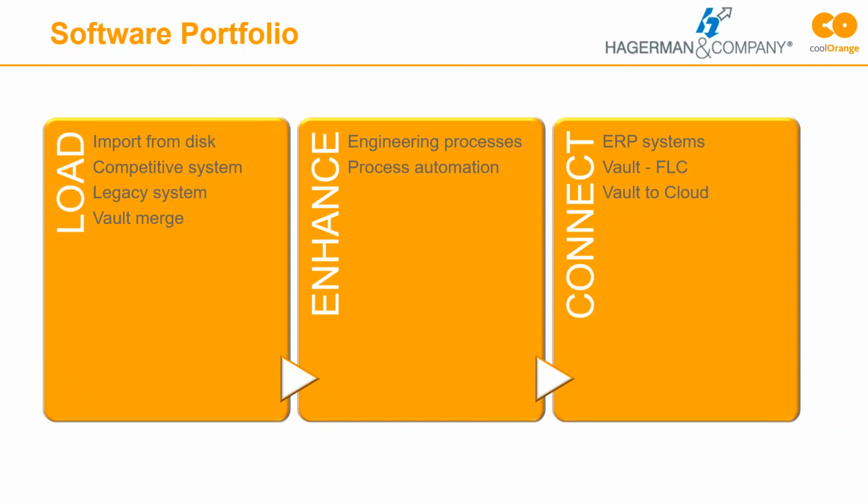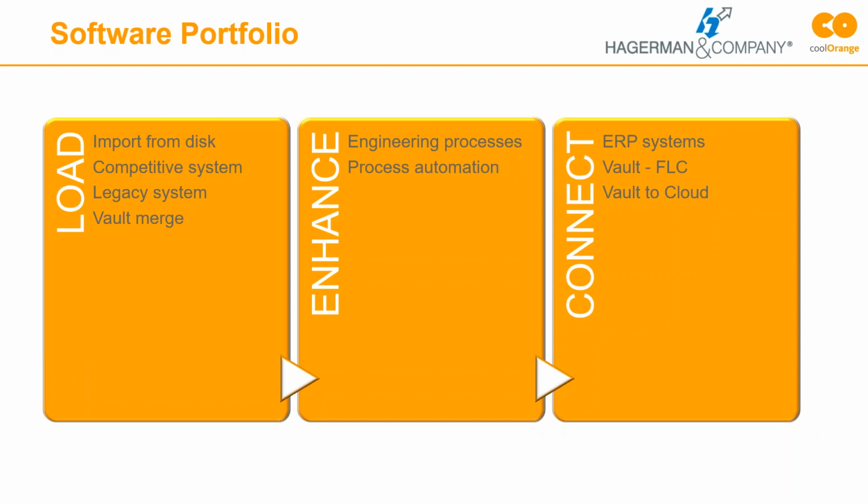So to get into some of the products that coolOrange offers, they fall into three major buckets of functionality or behavior. The first would be loading data into Vault, be it importing from disk or from a competitive system like EPDM or Windchill, something like that. Maybe a legacy system, or even merging vaults together.